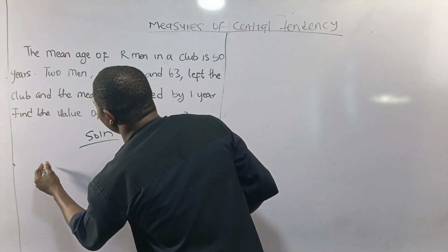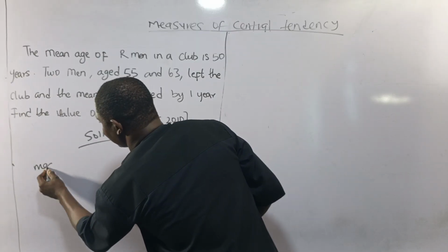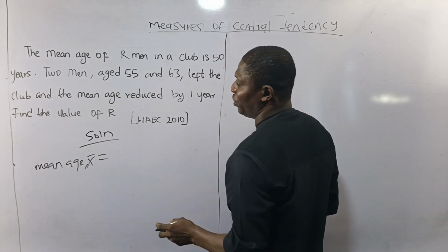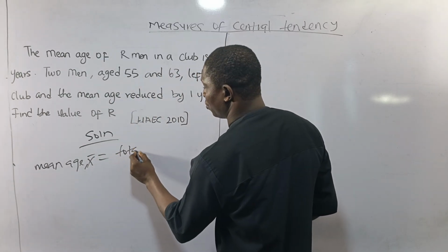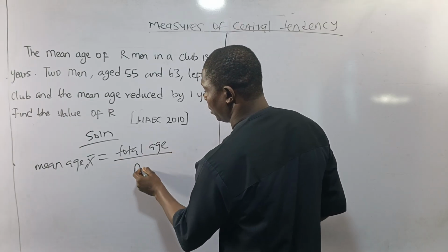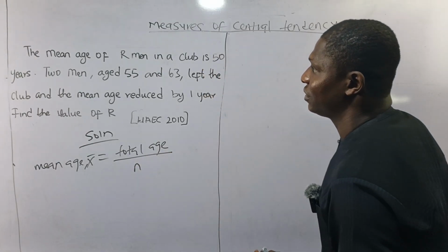Let's say this is our mean age, s bar, which will be equal to what? Total age divided by the number of men present.